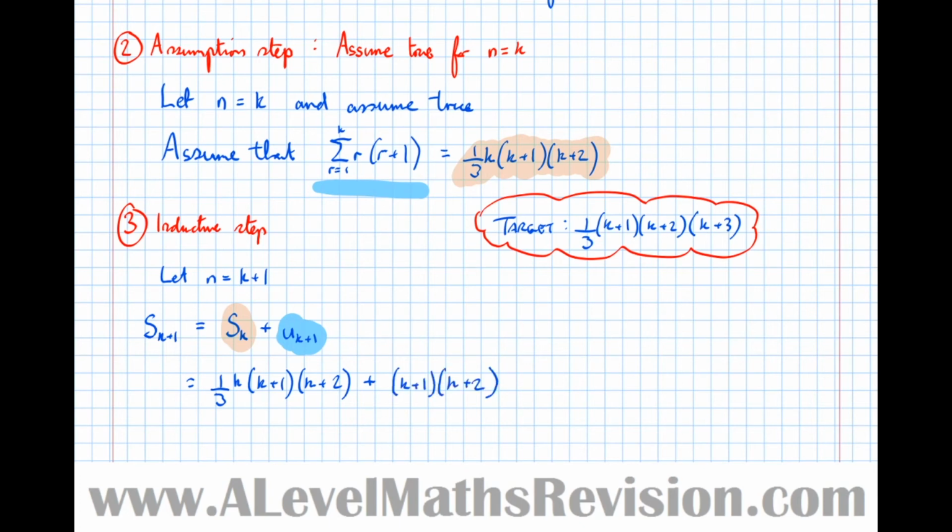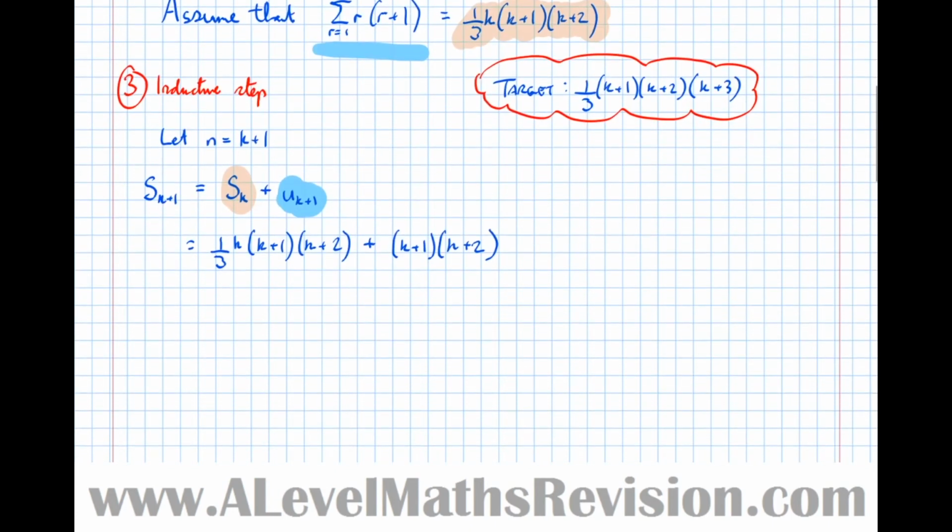And now the magic happens when we try to factorize. We can see that both of these terms have a k plus 1 times k plus 2 in common. The first k plus 1, k plus 2 has been multiplied by a third k, and this k plus 1, k plus 2 has just been multiplied by 1.